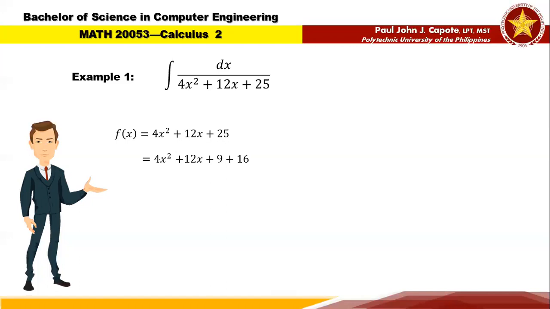Now what did we do here? Simply, we express 25 as the sum of 9 and 16. And so we have 4x squared plus 12x plus 9 plus 16. And what do you think is the purpose of doing this?